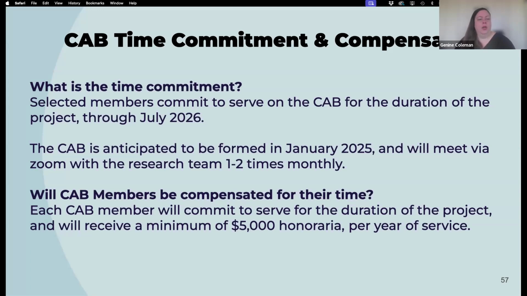And right now we're proposing to structure meetings via Zoom for convenience of everyone and to hold those Zoom meetings 1 to 2 times monthly with the research team. We do have the opportunity to compensate CAB members through an honorarium. And so participating CAB members will receive a minimum of a $5,000 honorarium per year of their service. Next slide, please.